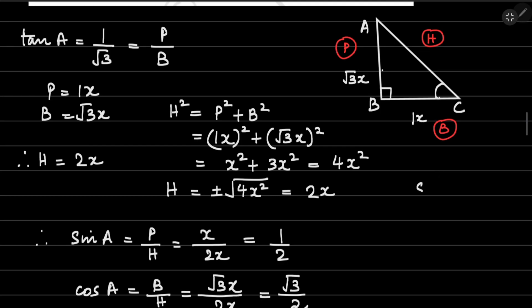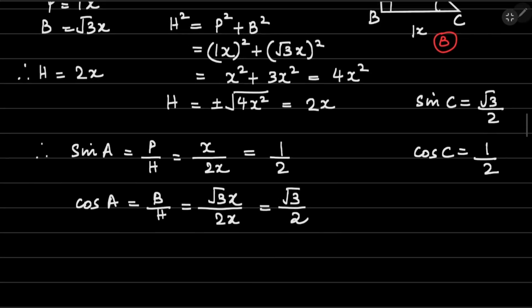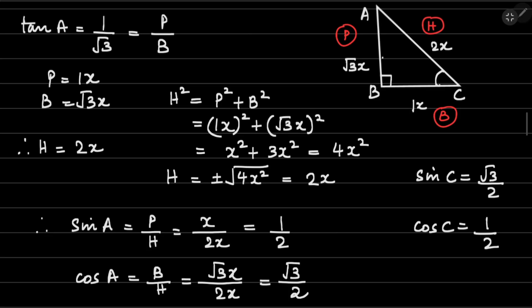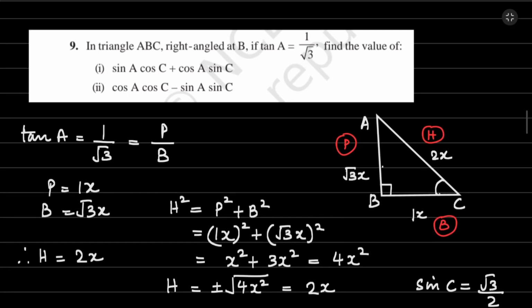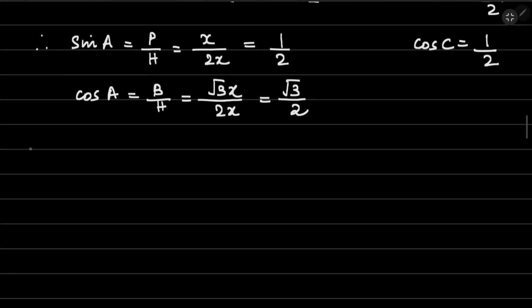So here, what is your sin C equal to P by H? What is your H? It is 2x. So directly write down sin C is equal to P by H, root 3 by 2. What is your cos C? Base by hypotenuse. So 1 by 2. So this is your sin C and cos C. Okay. Now therefore you can calculate. Therefore sin A cos C.